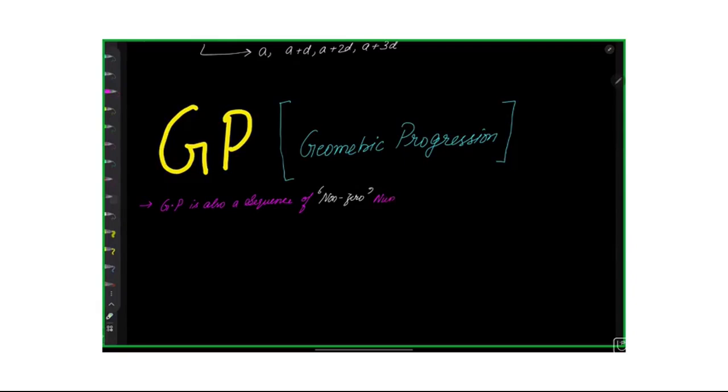Each of the succeeding terms is equal to the preceding term multiplied by a specific constant.